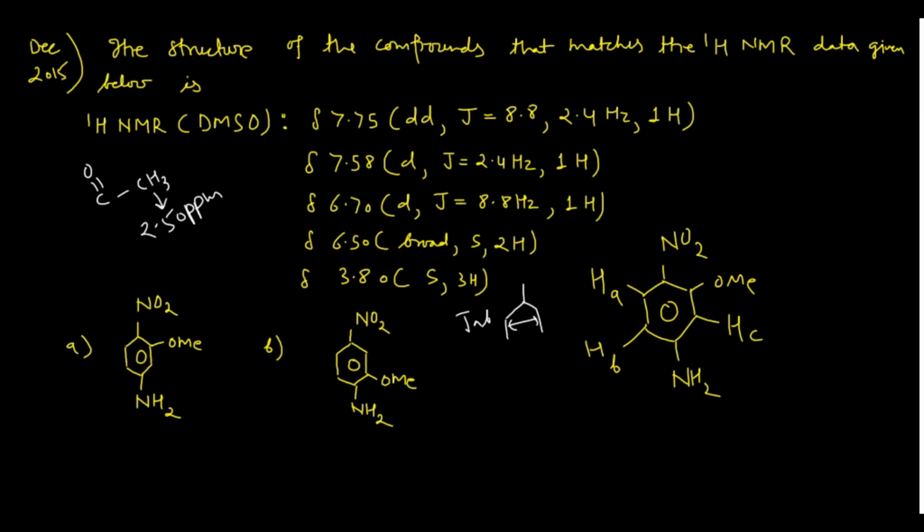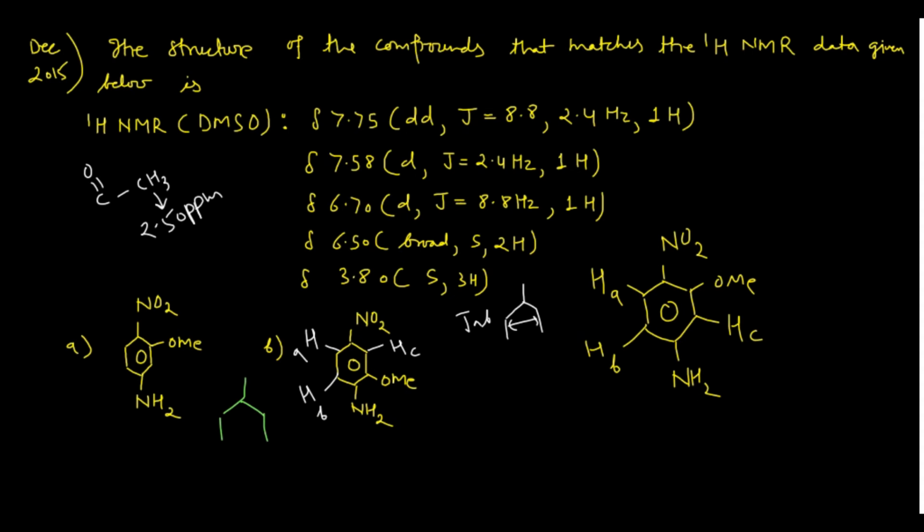Similarly, I can put my H here, my H here, and my H here. See, this is HA, this is HB, this is HC. In this particular case, this hydrogen can couple with this one, producing a doublet. So you can write a doublet here.